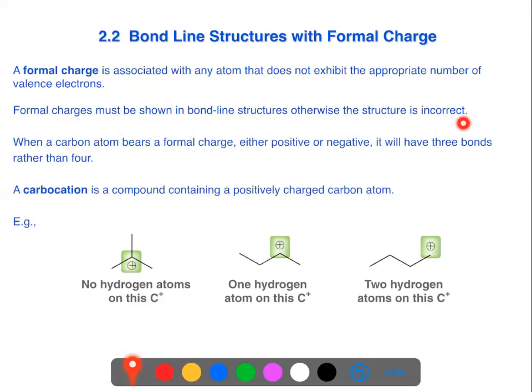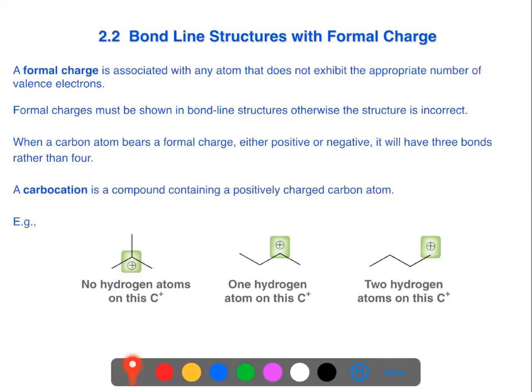Otherwise, the structure is simply incorrect because we're not identifying clearly enough or accurately enough the number of electrons associated with that carbon or atomic center. So when a carbon atom bears a formal charge, whether it's positive or negative, one rule of thumb is that it will always have 3 bonds rather than 4.